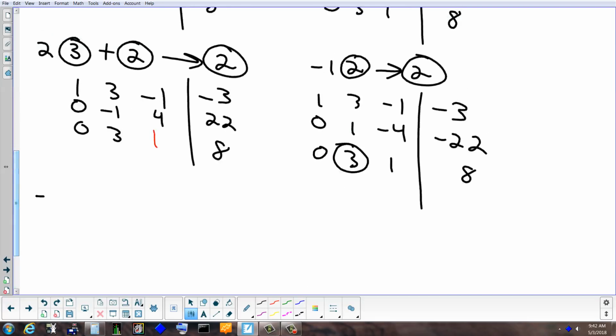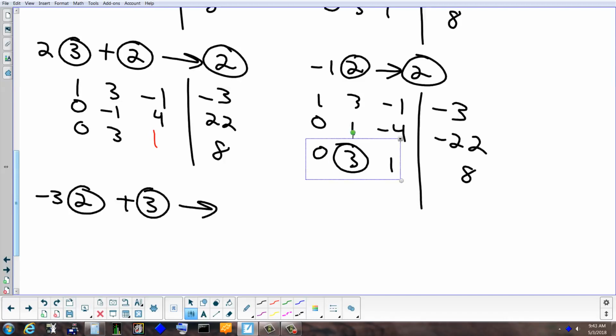So we're going to do -3 times the second, and we're going to add it to the third. Can we just use row 1 and multiply by -1, or does it have to be row 2? What would happen if you multiplied row 1 by -1? It would mess up the zeros. So you would get a 0 in the spot we want, but then you would mess up the other 0.